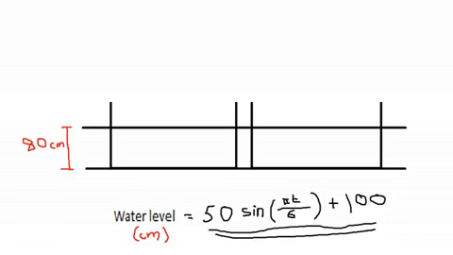So let's say the water level is currently above 80 centimeters. So the water level will be around here. Since a plastic bottle floats in water, the plastic bottle will have the same height as the water level.